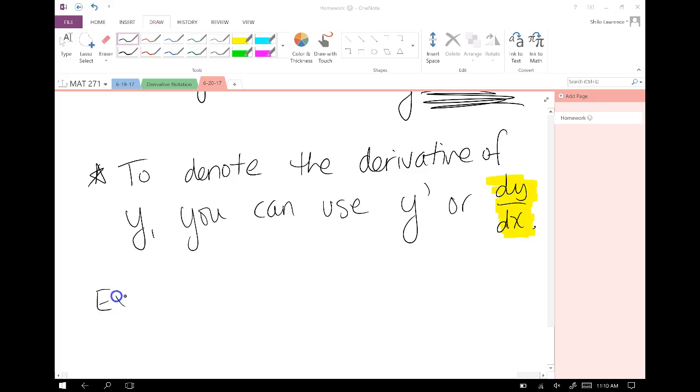I want us to look at an explicit example first, just for notation purposes, and see how it's going to be similar when it changes to implicit. We want to find the derivative, which is dy dx.